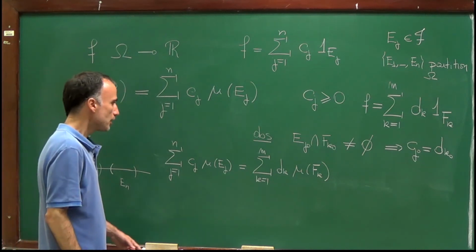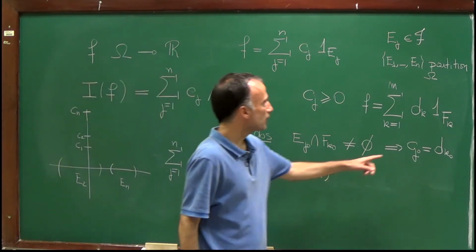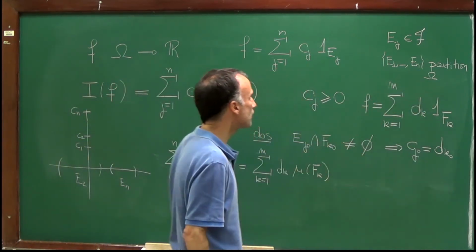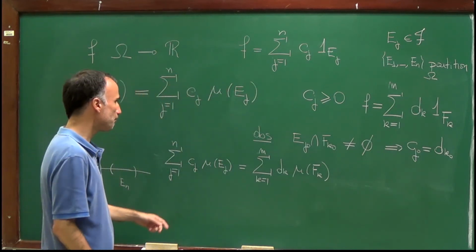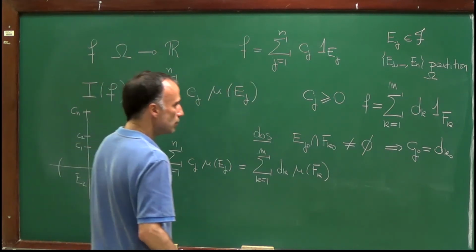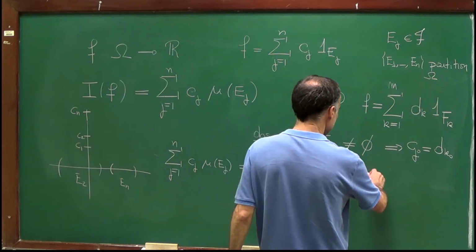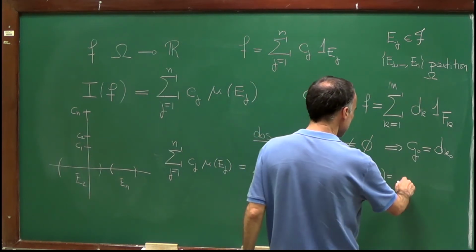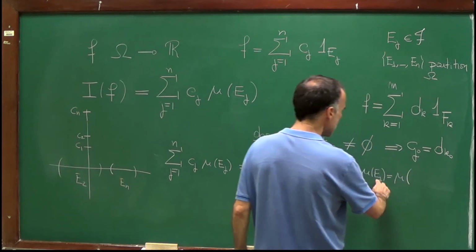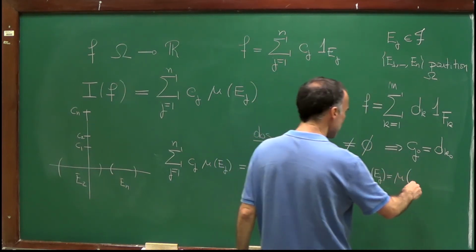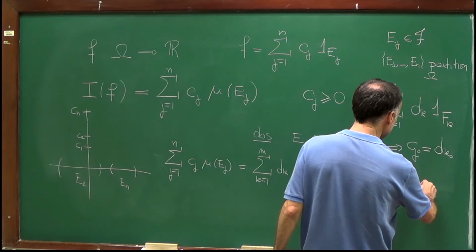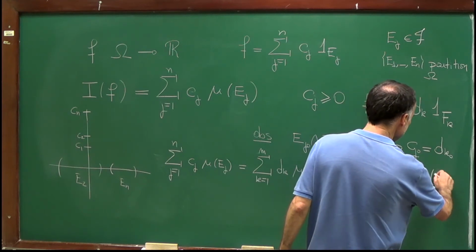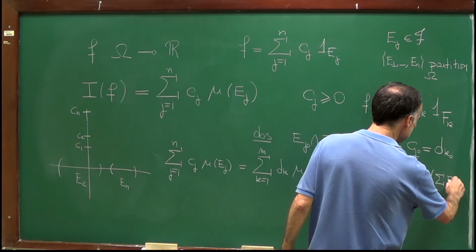Well, since Fk forms a partition of omega, mu of Ej is equal to mu of Ej intersection omega, but omega is the union of the Fk.